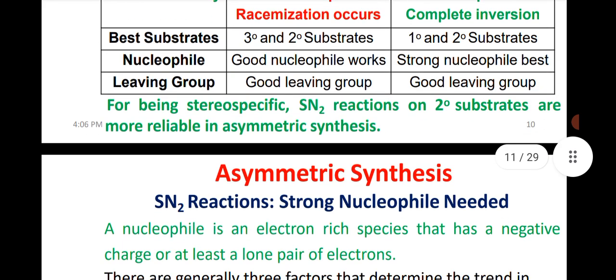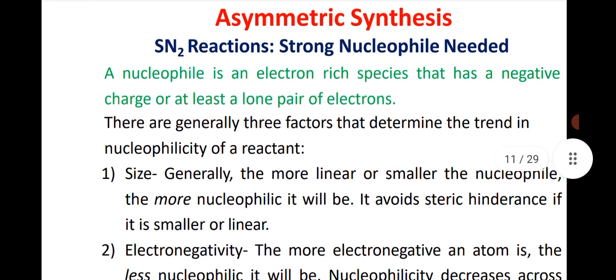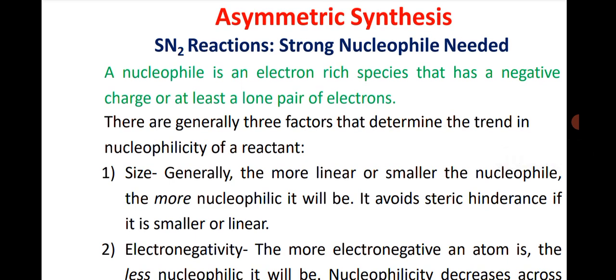Okay, in asymmetric synthesis with the SN2 reaction, a strong nucleophile is needed. As I already mentioned, a nucleophile is nucleus loving. Nucleo means nucleus and phile means loving. It means it is an electron-rich species that has a negative charge or at least a lone pair of electrons.